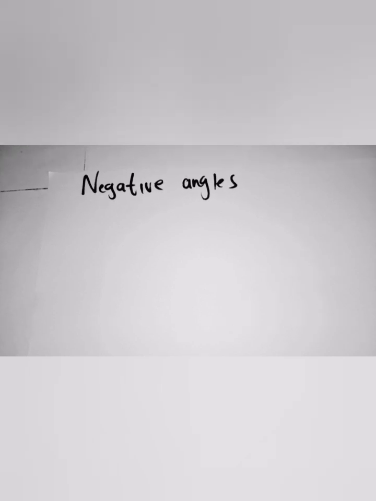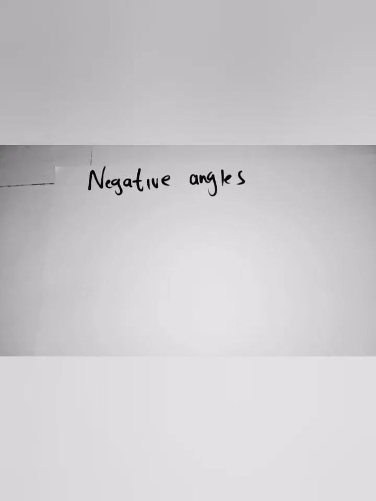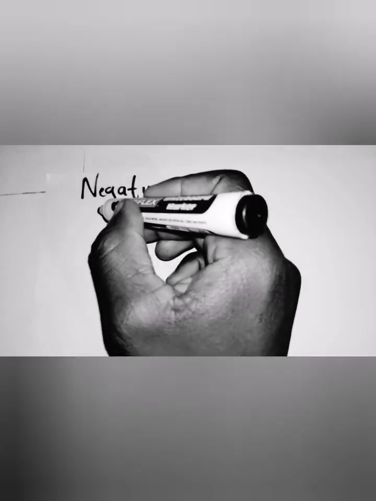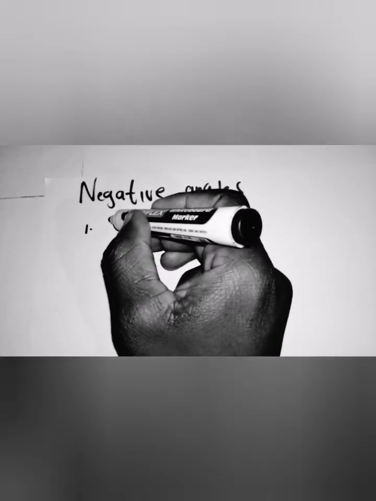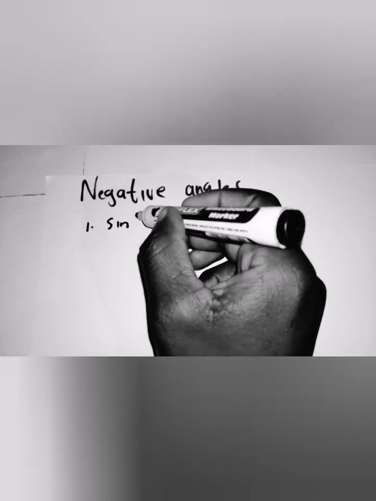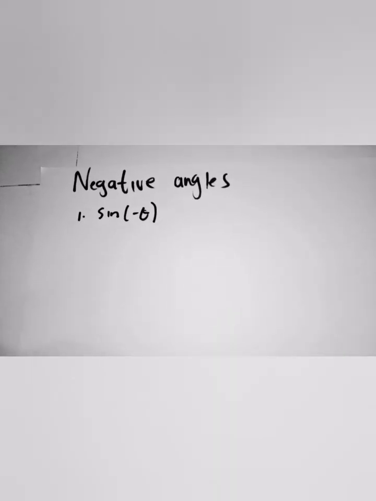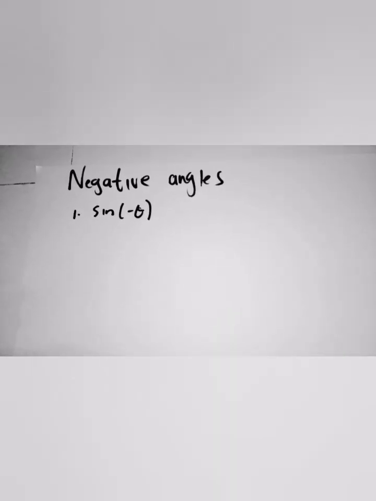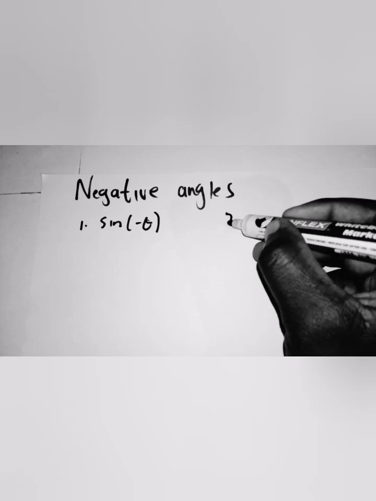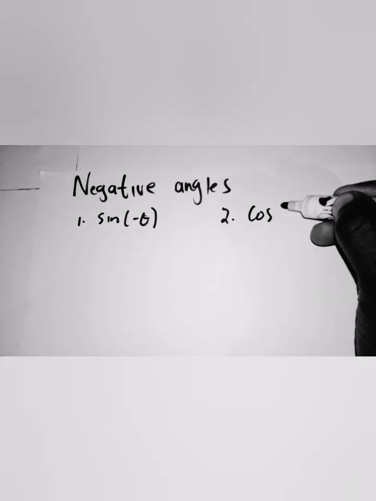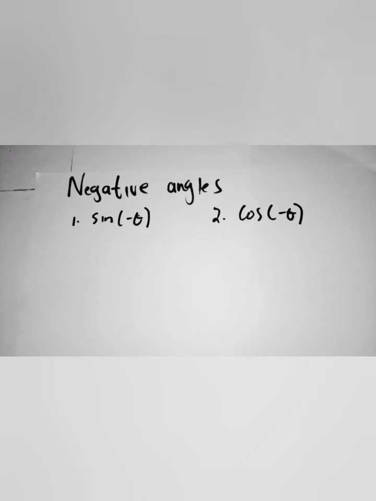Now, negative angles. So here we'll be dealing with angles that are negative. Suppose you have a sine of a negative angle, which is sine of negative theta, and you have the cos of a negative angle, where theta is an angle.